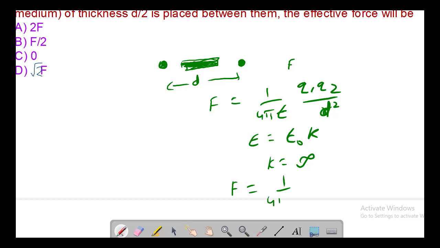So we have 4 pi epsilon 0 k q1 q2 upon d square. Okay, but k is infinity, so we have 1 upon infinity, which is equal to 0. So because here k is infinity, everything will become 1 upon infinity. So F is equal to 1 upon infinity, which is 0. So the answer in this case is C.